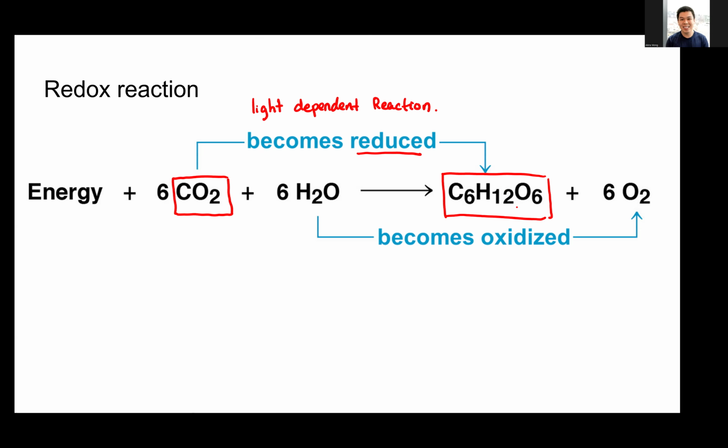Reduce is a term to describe a chemical that undergoes reduction. During a reduction reaction, a compound is gaining electrons. Sorry, gaining electrons, my bad. Gaining electrons, and subsequently, it also gains energy.